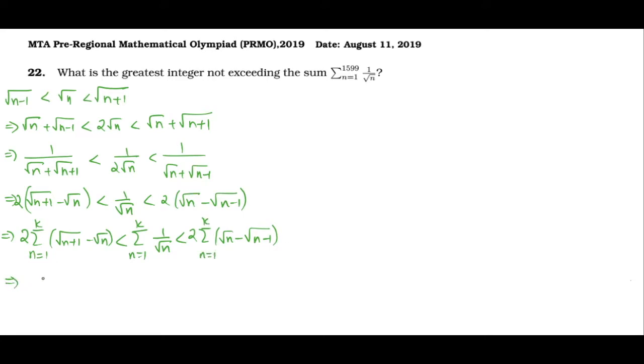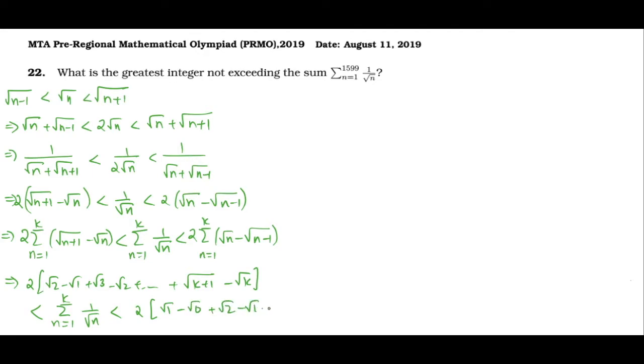If we expand the summations, we get twice of root 2 minus root 1 plus root 3 minus root 2 and so on till root of k plus 1 minus root k, less than sigma n is equal to 1 to k 1 by root n, less than twice of root 1 minus root 0 plus root 2 minus root 1 and so on till root k minus root k minus 1.